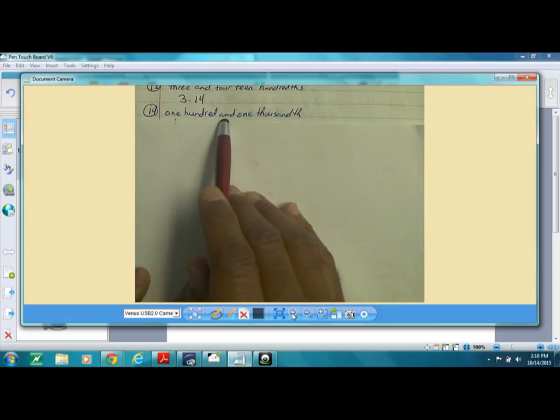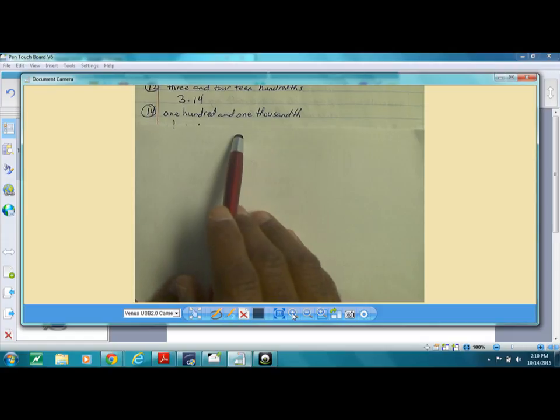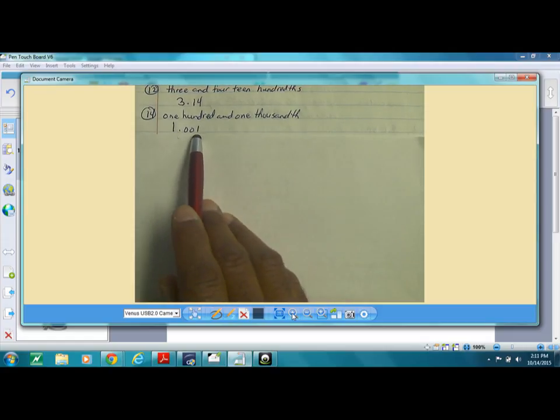Then there's a decimal point. And now we have to go out to the thousandths place with the number that we write. So what does that look like? Here's 1 thousandth, because that's the tenths place, the hundredths place, the thousandths place.